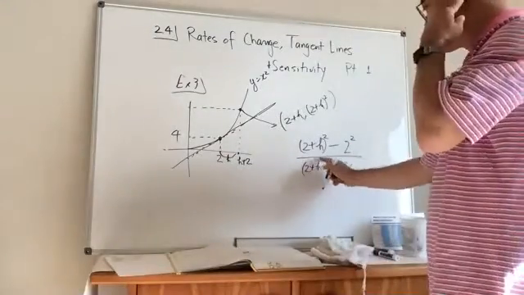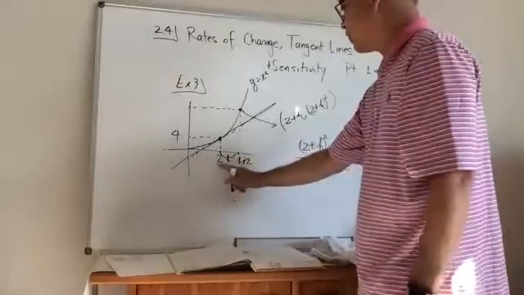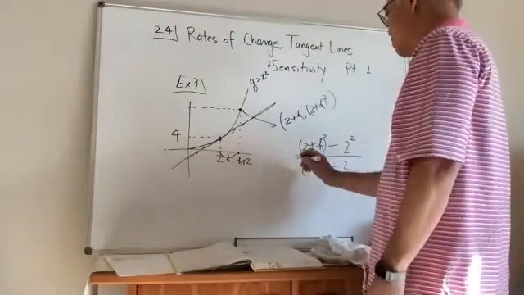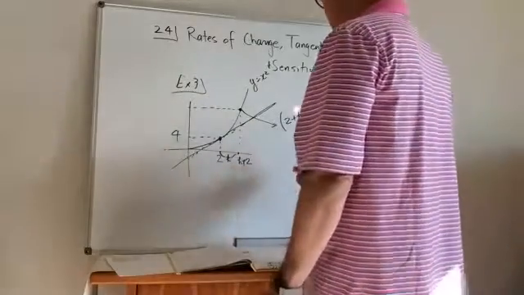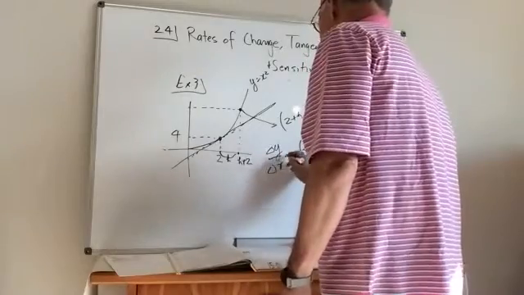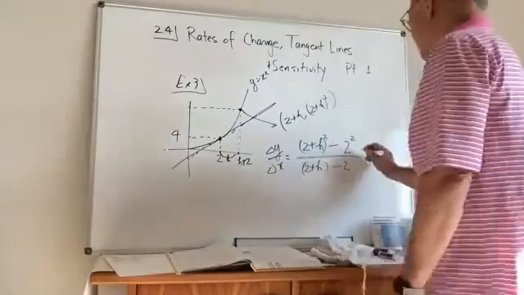Because this is the x value of this point, and 2 is the x value at this point right here, okay? So this is going to be the delta y over delta x. It's going to be the rate of change. Okay? So if we do this out, what do we get?